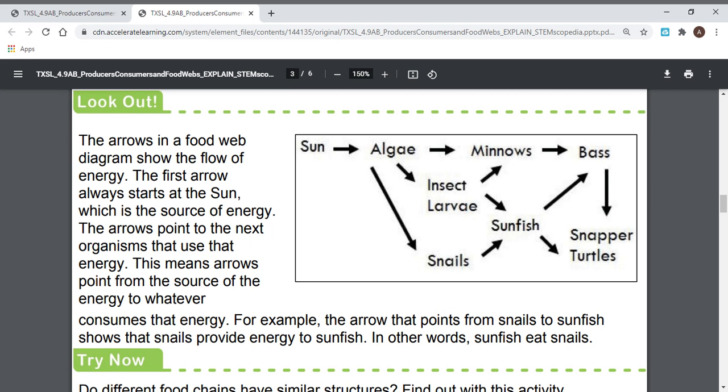For example, the arrow that points from snails to sunfish shows that the snail provides energy to sunfish, which means we start off with our main source, then it moves on for our energy to the next, whatever that is eating. So we can see that the sunfish is getting the snail energy because of what it's consumed.